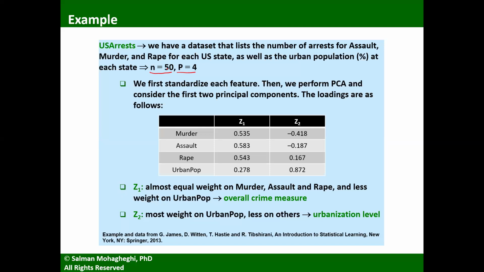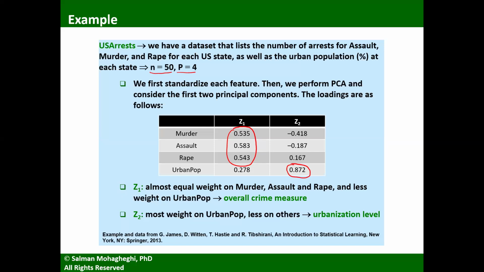It was interesting because notice, for instance, that for principal component one, murder, assault, and rape all three have about the same loading coefficient, but the loading coefficient for urban population is pretty low. And then for Z2, on the other hand, murder, assault, and rape do not have a very high loading coefficient, but urban population has a high loading coefficient.